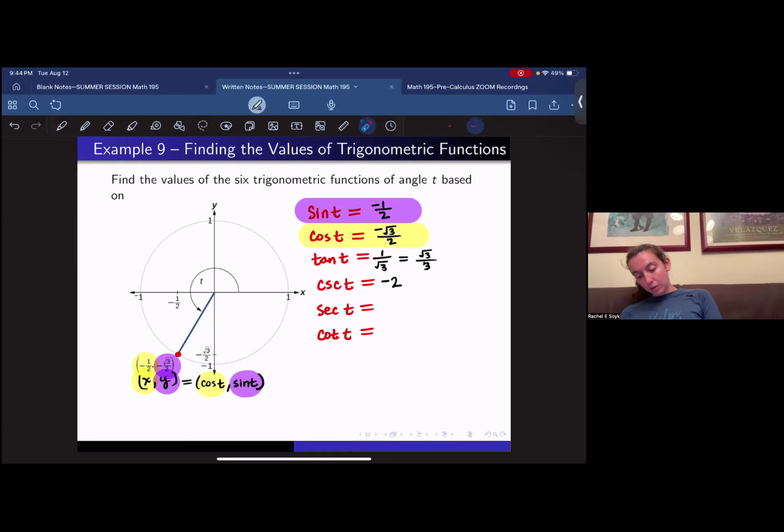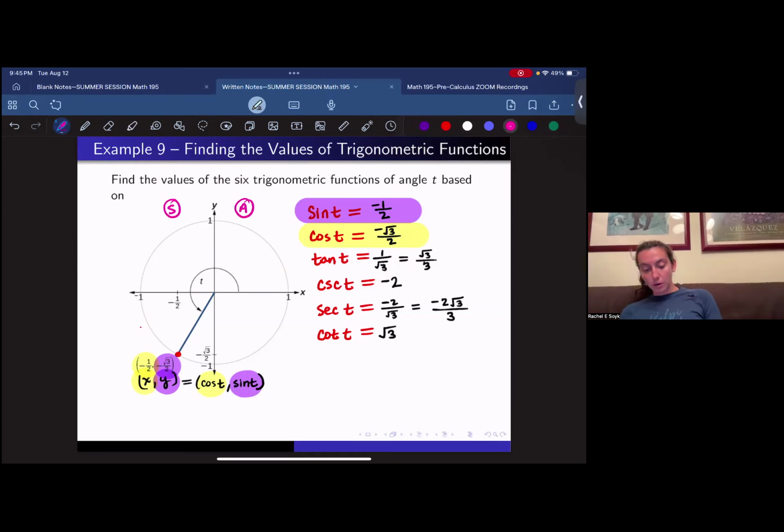Secant is the reciprocal of negative square root of 3 over 2, which is negative 2 over square root of 3. Rationalize the denominator, and we get negative 2 square root of 3 over 3. And then finally, our cotangent of t is the reciprocal of 1 over square root of 3, which is just square root of 3.